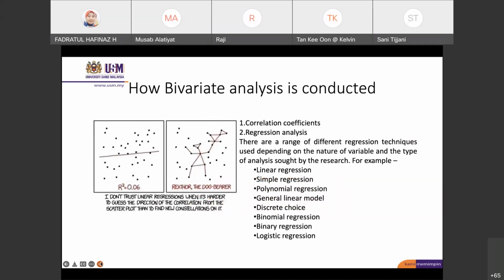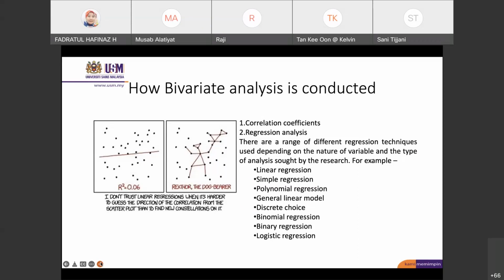Okay, so how is bivariate analysis conducted, right? We can do correlation coefficients, the first one. Correlation is a statistical association technique where the strength of the relationship between two variables is observed.